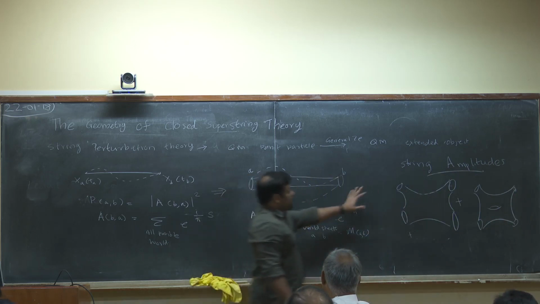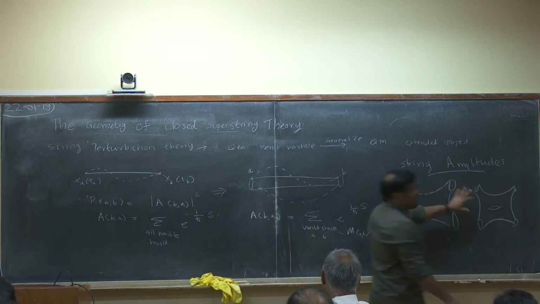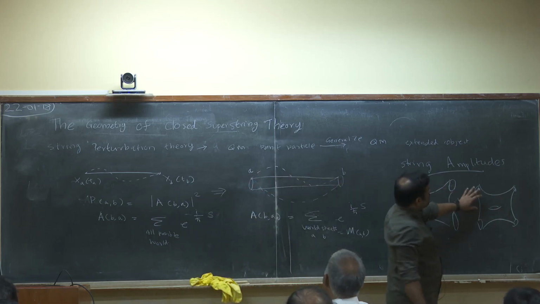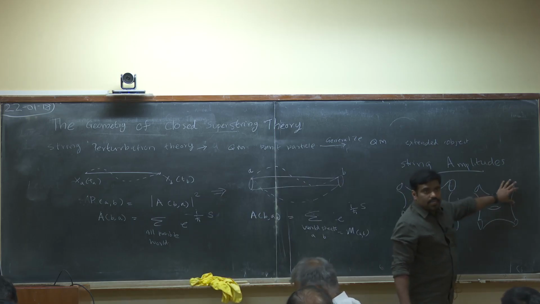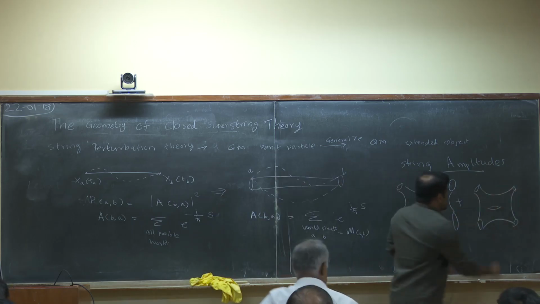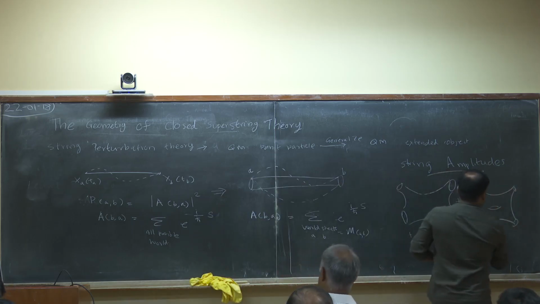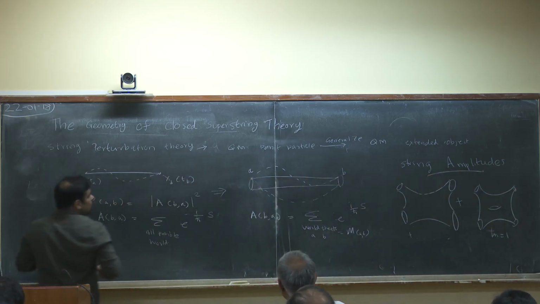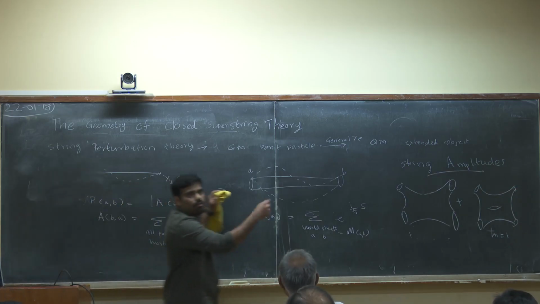So you have an expansion with an infinite number of inequivalent terms, and within each term you have a sum over all possible world sheets that have this particular external state and a particular number of handles h. So this is the basic rule. Now we have to understand how to really perform this summation over all possible world sheets.